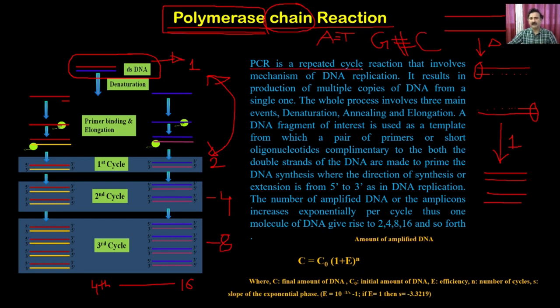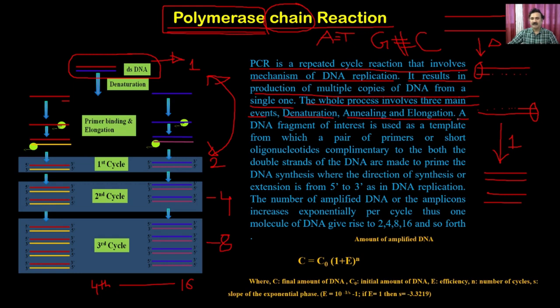So the PCR is a repeated cyclic reaction that involves the mechanism of DNA replication. It results in the production of multiple copies of DNA from a single one. The whole process involves three main events: denaturation, annealing and elongation.